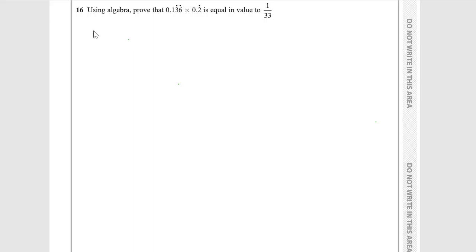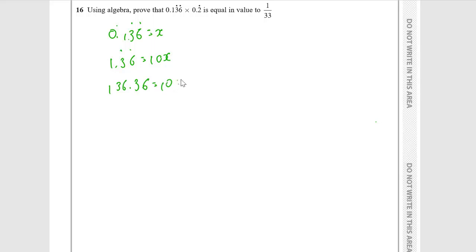Let's say that 0.136 recurring equals x, and 1.36 recurring equals 10x, and then we keep multiplying by 10.